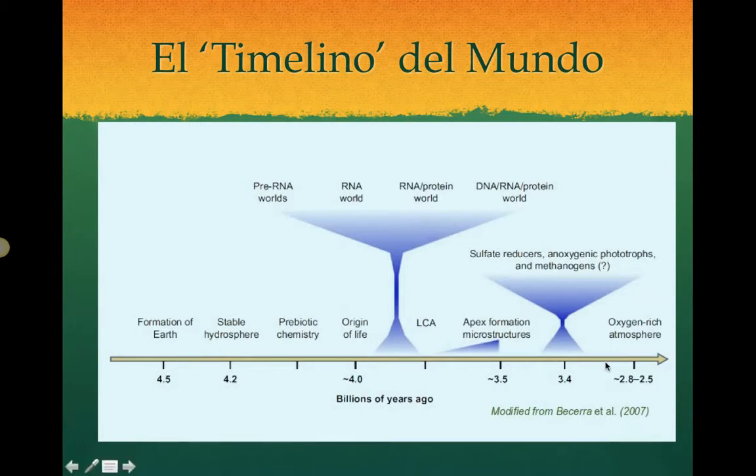So, in this timeline, you can see that, let me use my pen, the origin of life comes right after prebiotic chemistry. So, one of the necessities for spontaneous origin of life is the synthesis of simple organic molecules.